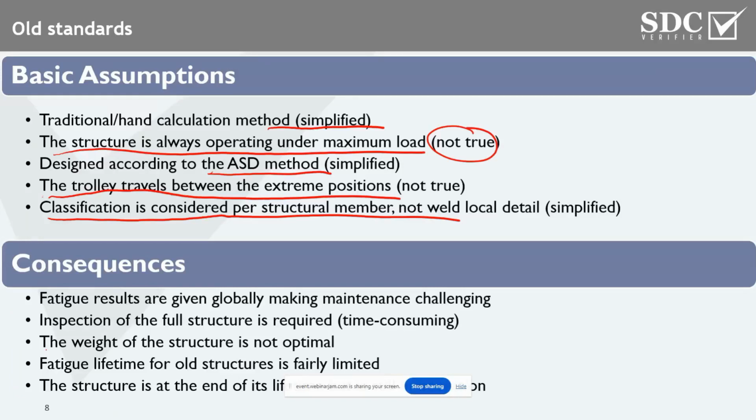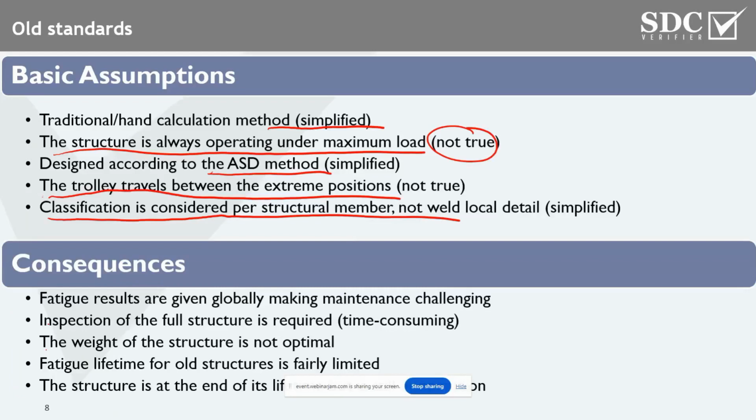The output of the fatigue verification according to old standards is: okay, this is the lifetime and you have to deal with that. It could have been provided for different structural components, but definitely not for very local details, because that is a much more challenging and time-consuming process.